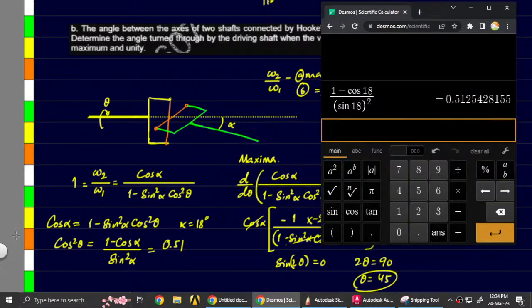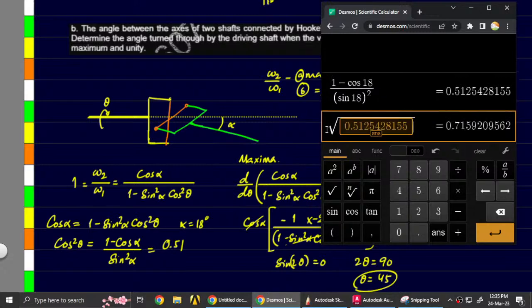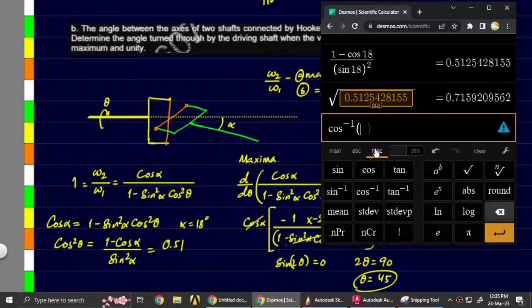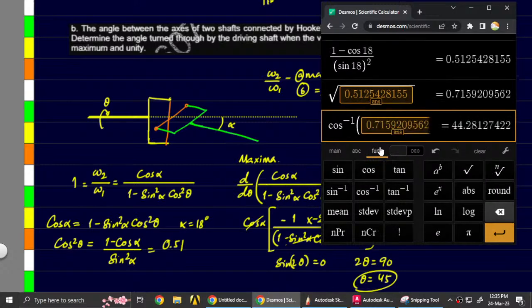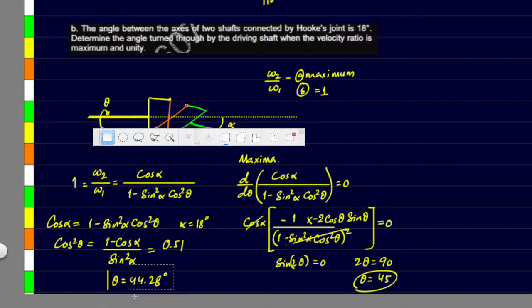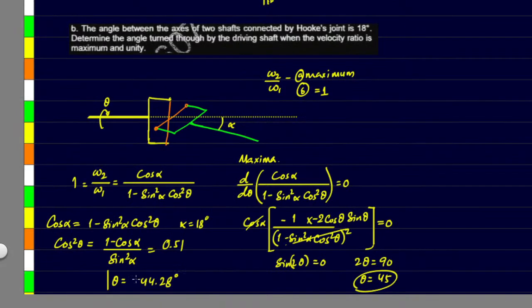So now that we know cos square theta is this much, we'll have to find the square root of the answer, and we have to take cos inverse of that. Inverse of the answer, you're getting 44.28. So theta is 44.28 degrees. So this could be plus or minus, because it is cos inverse. This can be plus or minus. So this is the solution.